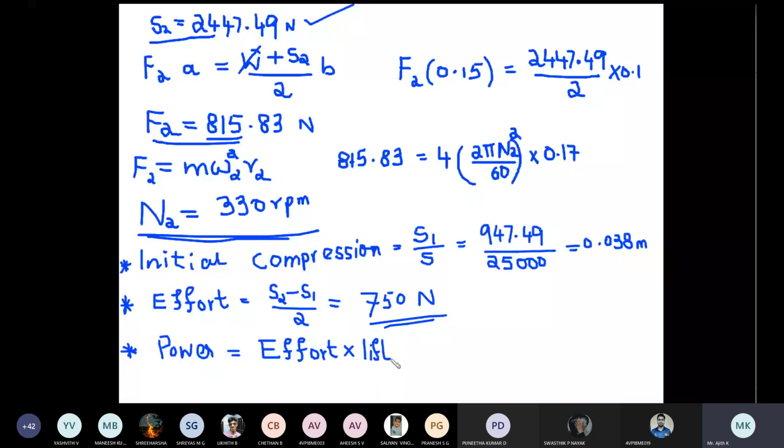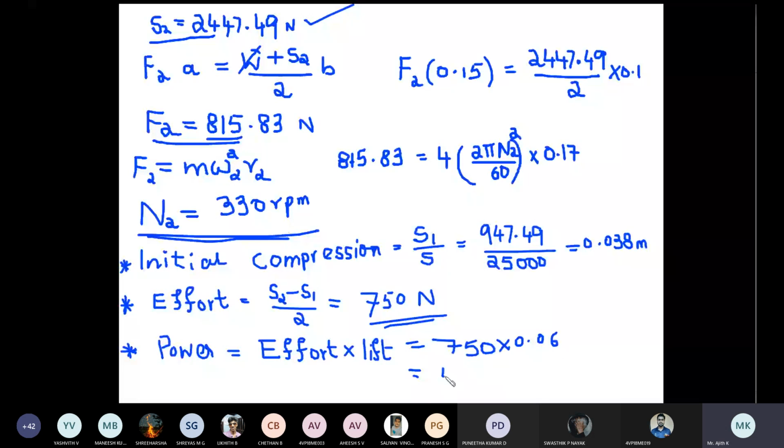So here effort is 750. Lift is small letter x, whose value was 0.06. So you'll get the final answer as 45 Newton meter. So that completes the entire calculation of this one.